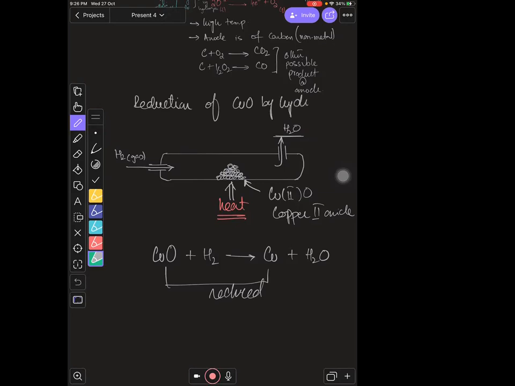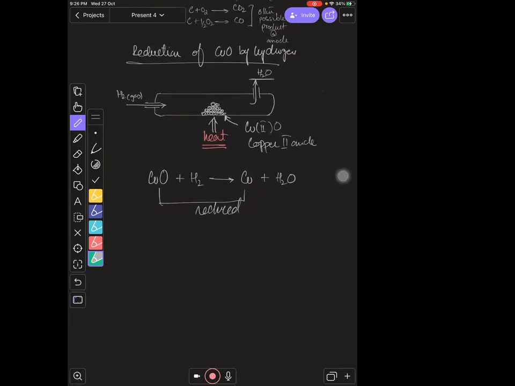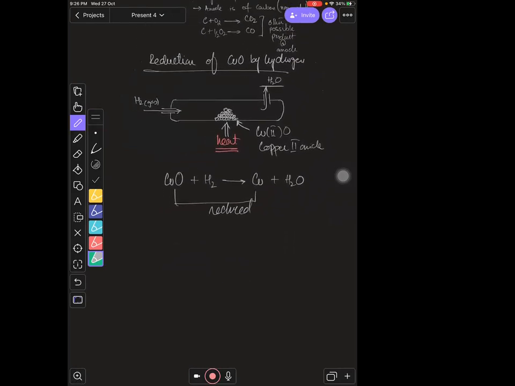So you need to take a picture of this as well. It is also important. Just take a picture of this as well. No, wait a minute.